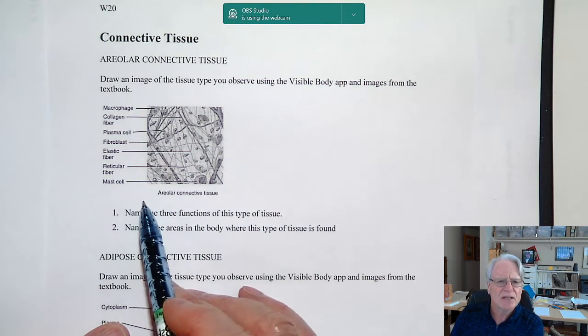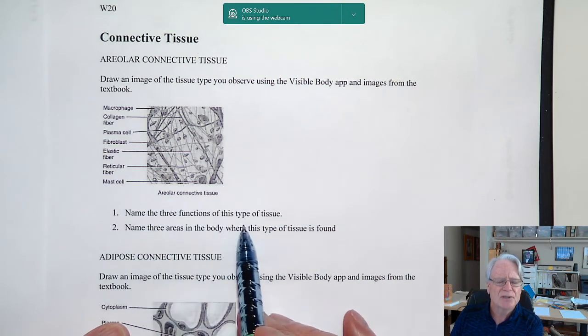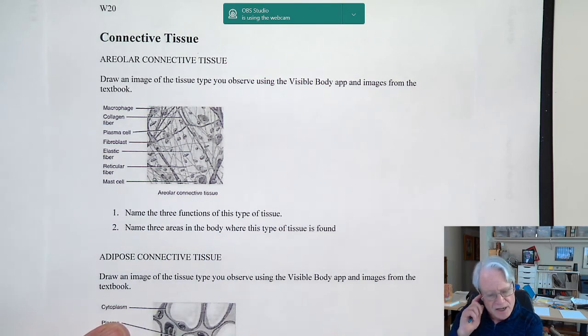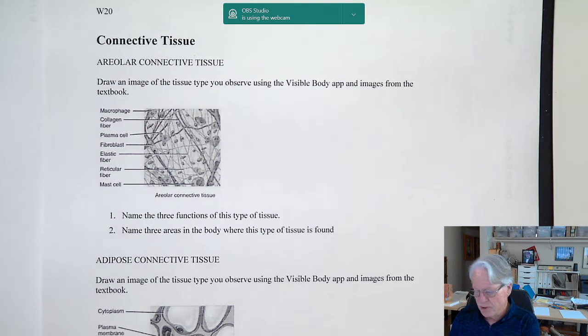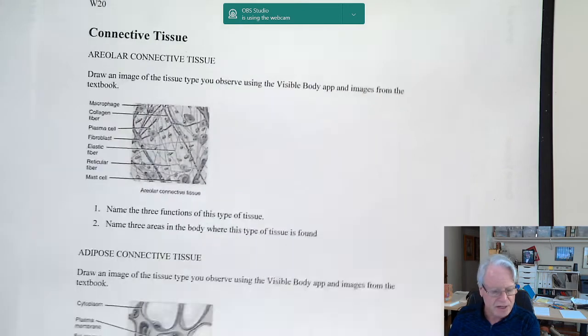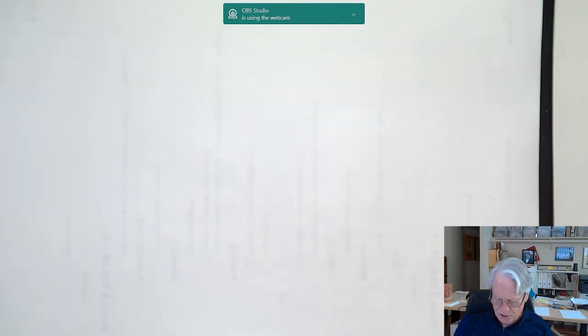And I'm going to go ahead and let you name these functions, find the answers to that. And in our lab, we'll come back and we'll address these questions. Not this week, which is week 4, but starting week 5, in the labs, we'll address all the questions that are in this study guide number 3. Okay, so we're going to take a look at areolar connective tissue first. And here it is.